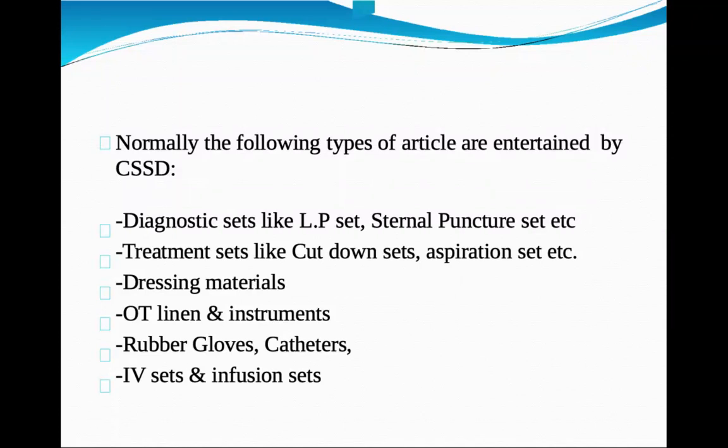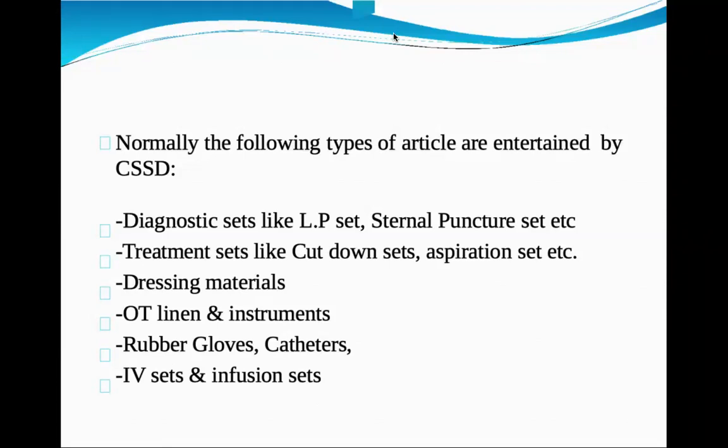What types of articles are sterilized in a sterile department? Mostly diagnostic sets like lumbar puncture sets and sternal puncture sets, treatment sets like cut down sets and aspiration sets, dressing materials, OT linens and instruments, rubber gloves, catheters, IV sets, and infusions.